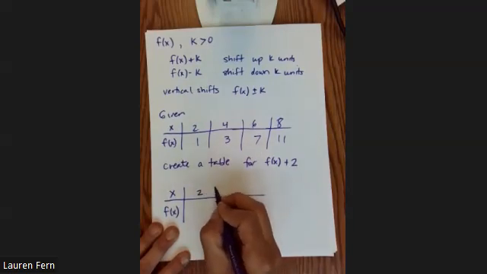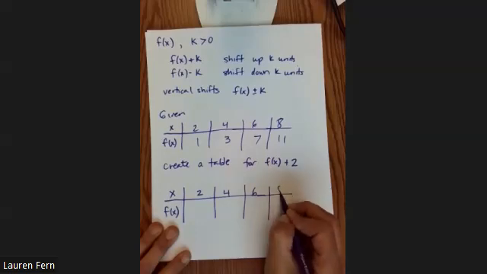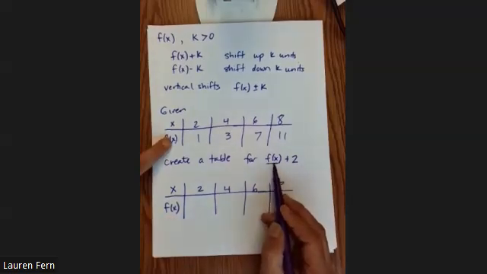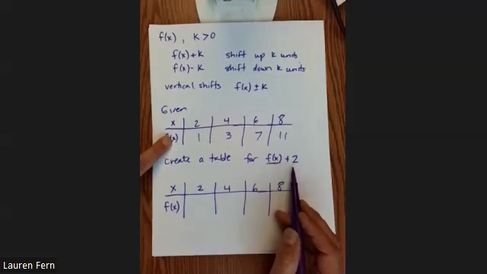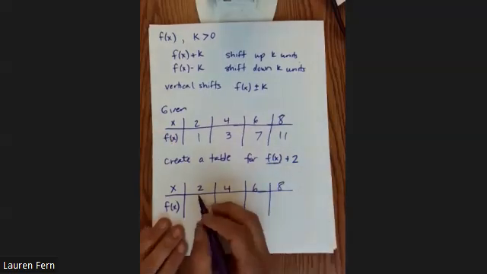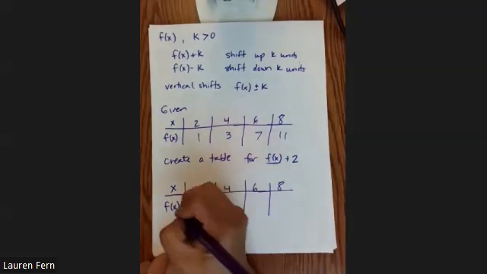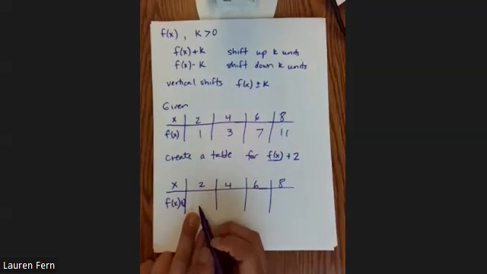Notice my x values are not changing. But now what am I doing to each function value here? Aren't I adding 2? So what would come out if I plug 2 into this new function? I'll write f of x plus 2.